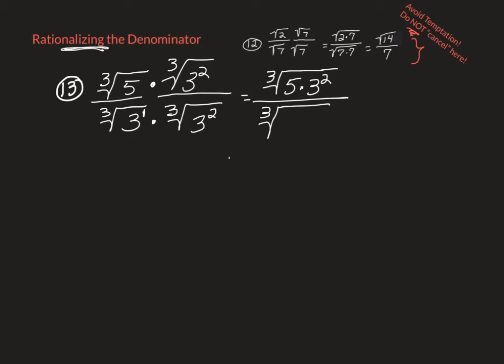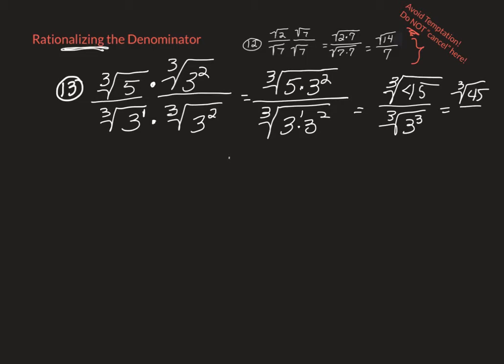Could I do the whole fraction at once? Yes, I could. But for right now, I'm doing it this way. 3 to the first times 3 squared, okay? So on top I have the cube root of 5 times 9, or 45. In the denominator I have the cube root of 3 cubed, so I have the cube root of 45 over 3.